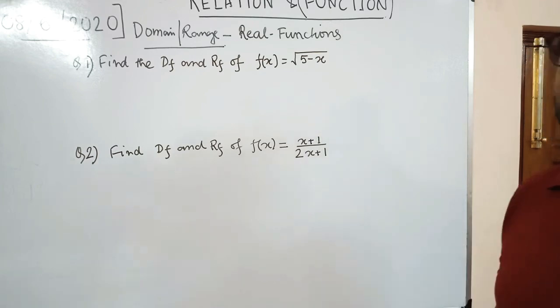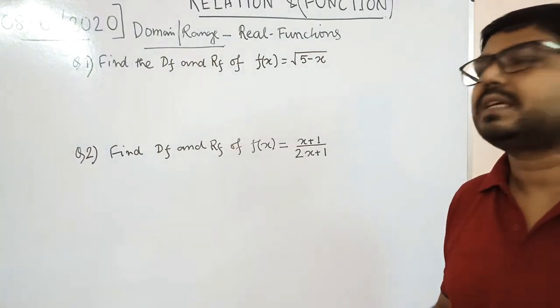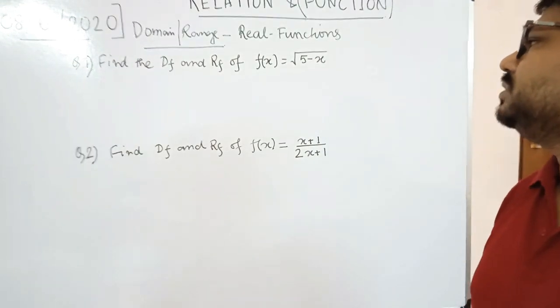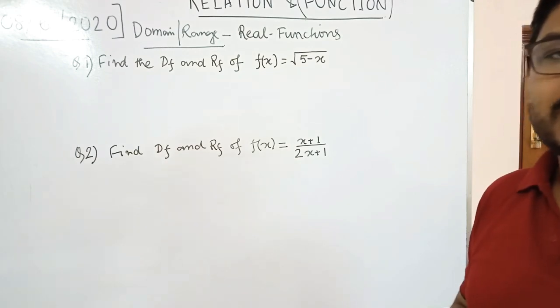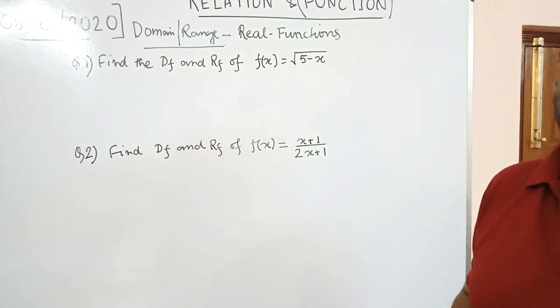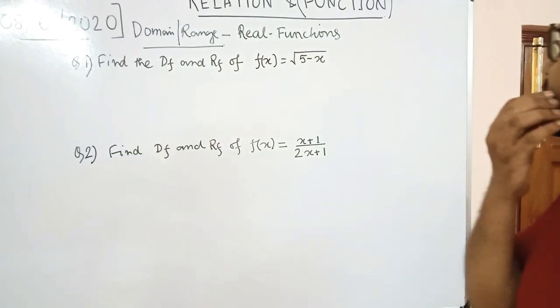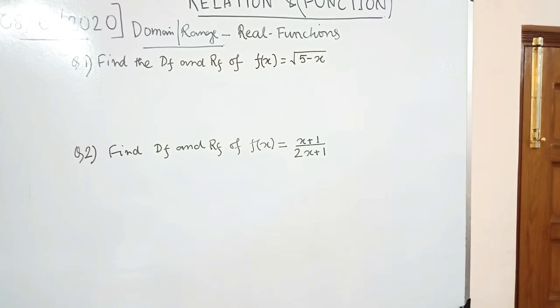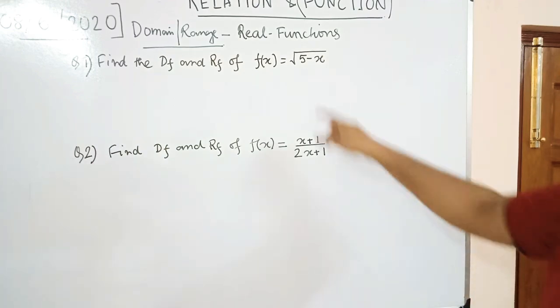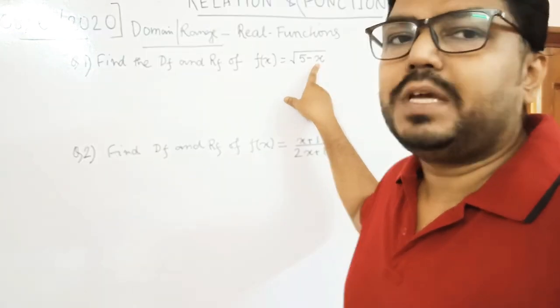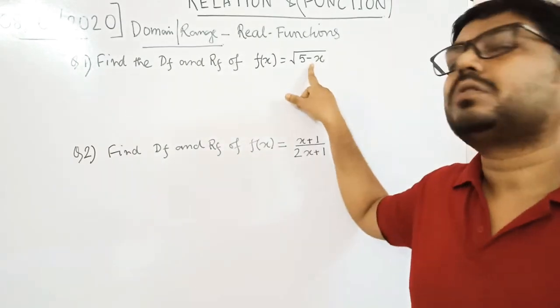Now real functions means we are always considering the real values for the functions. Any undefined situation we will not take into consideration. Okay, so first of all, let us see, it's given that root over 5 minus x. Now as we know, 5 minus x under root should be positive or 0.